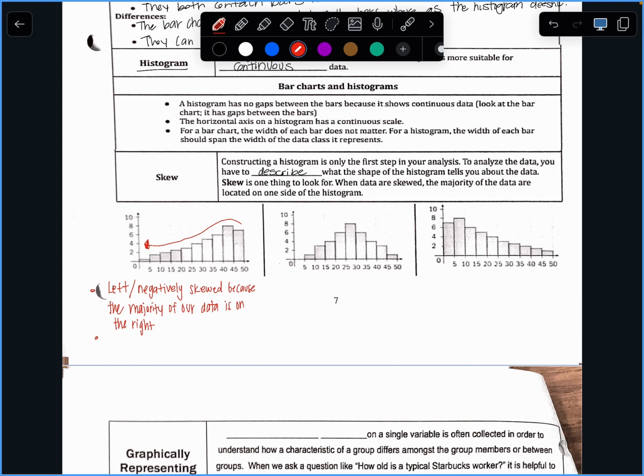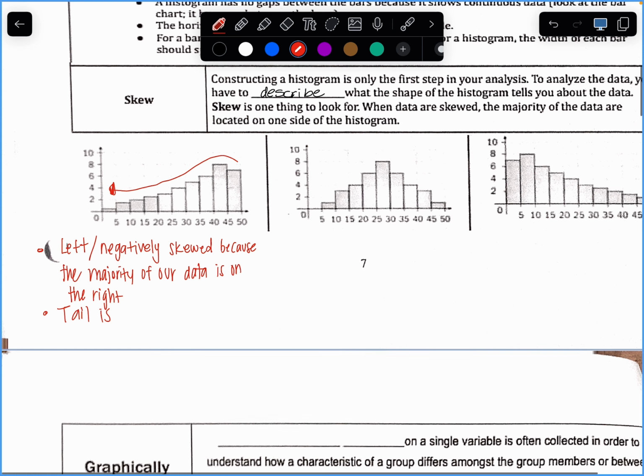I like how it's saying the tail is longer on the left. So keywords here: left, negatively, because the tail is extending this way. And the majority of our data is on the right.